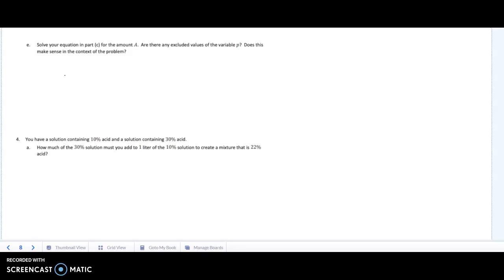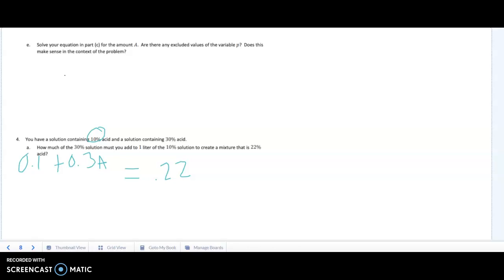Okay, so it's going to equal, we want 22% solution. We know that we have to combine the 10%, so that's going to be 0.1, with some amount. We don't know how much, but we'll call it A. We're going to add some amount of the 30% solution to get our 22% solution.